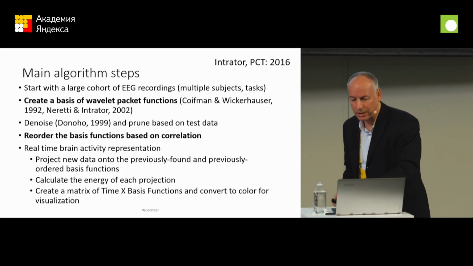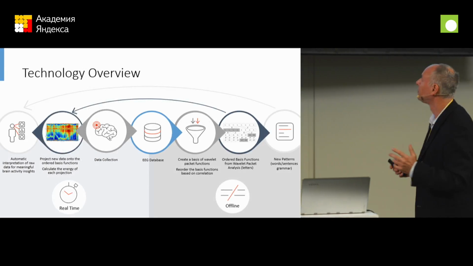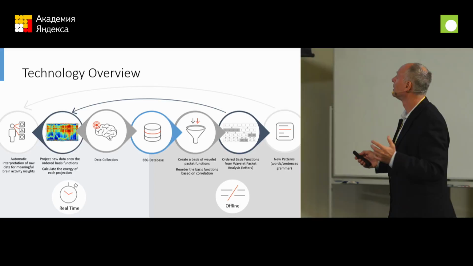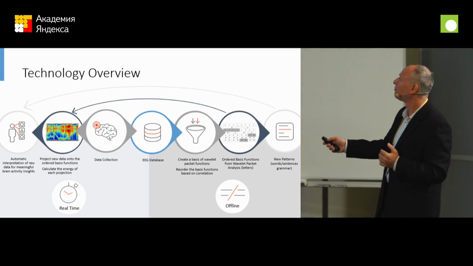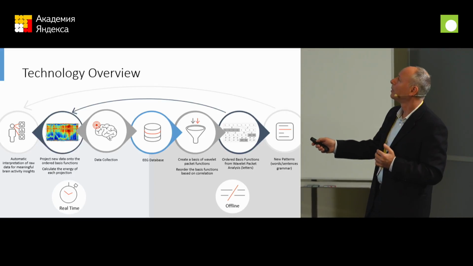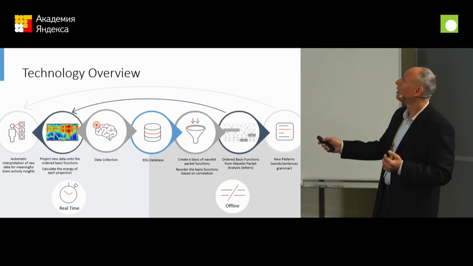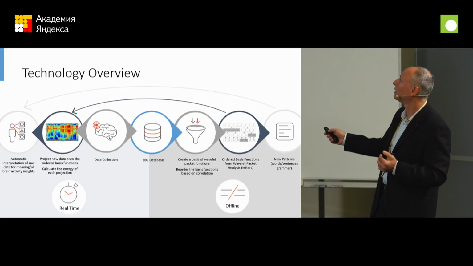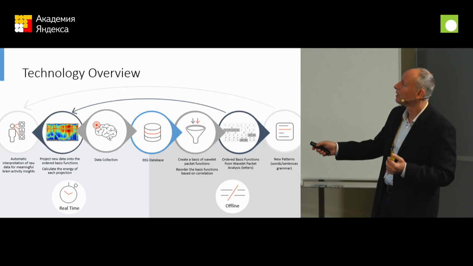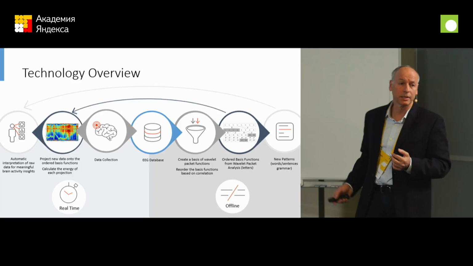And maybe just one slide of this, a slide I showed before. The offline part is here. We collect the data, a large cohort, it's here, the database. We create these basis functions and we reorder them. And now when we have new data, we project onto these ordered basis functions, and we get this kind of representation.